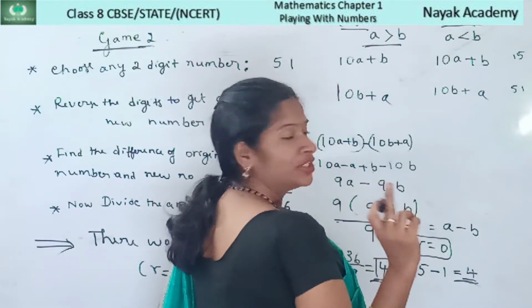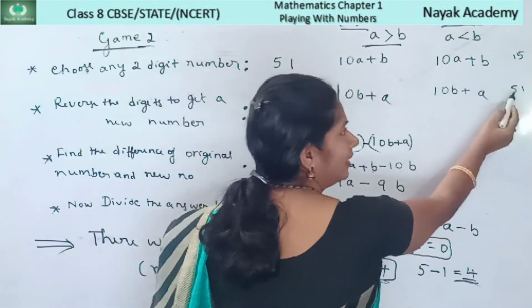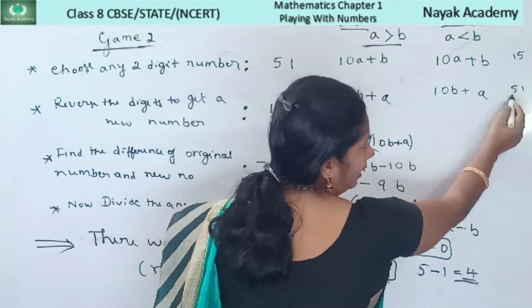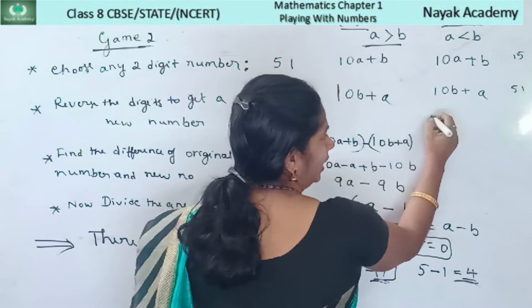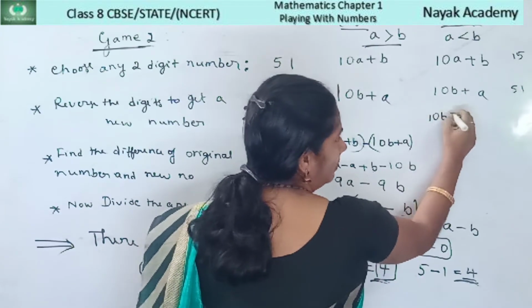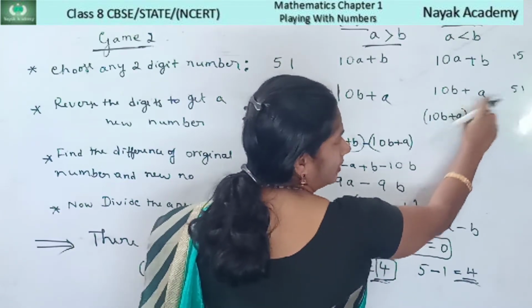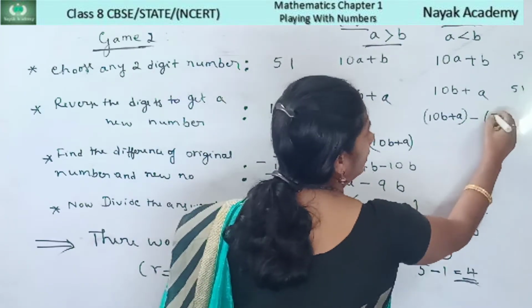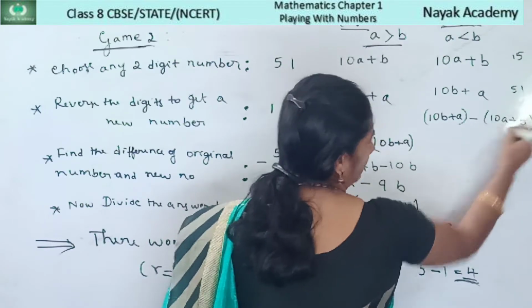Now what do we have to do, children? We have to subtract the smaller number from the greater number. So here the bigger number is 51. So we have to take 10b plus a as the greater number, and from that we have to subtract the smaller number, 10a plus b.